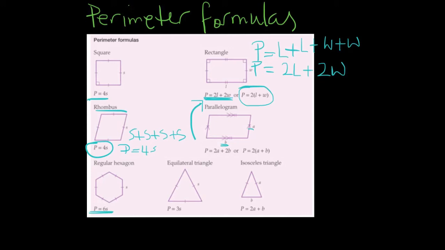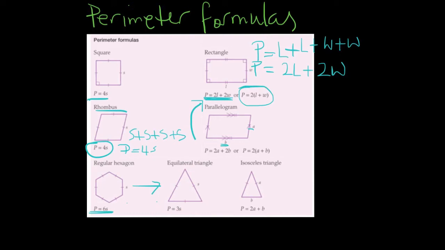Equilateral triangle, again, same concept, 3 equal sides, perimeter is 3 times S. So you can see a pattern here. The square has 4 sides of equal length, 4S. Rhombus, 4 sides of equal length, 4S. Hexagon, 6 sides of equal length, 6S. For an equilateral triangle, 3 sides of equal length, 3S.